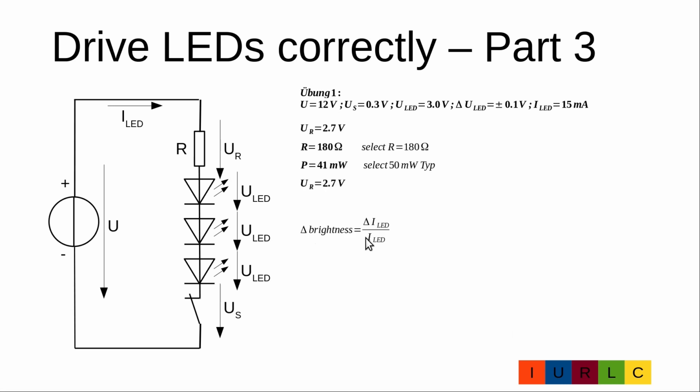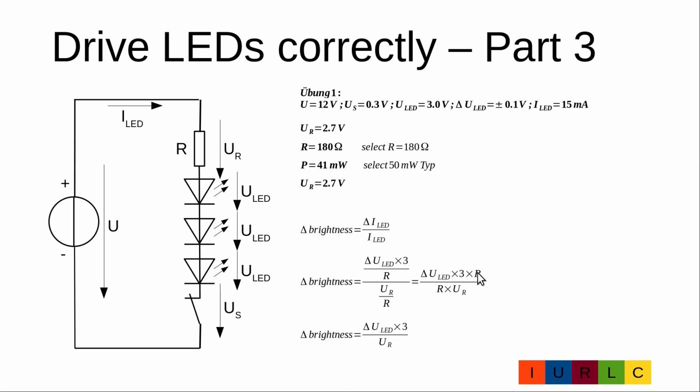The brightness tolerance is delta ILED divided by ILED is delta ULED times 3 divided by R divided by UR divided by R. We bring both to the main fraction bar and get delta U LED times 3 times R divided by R times UR.